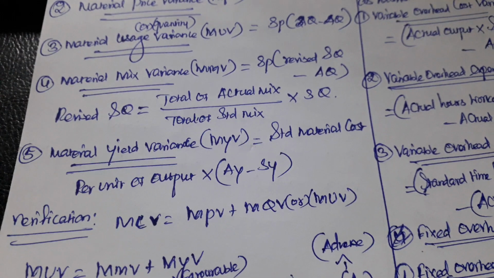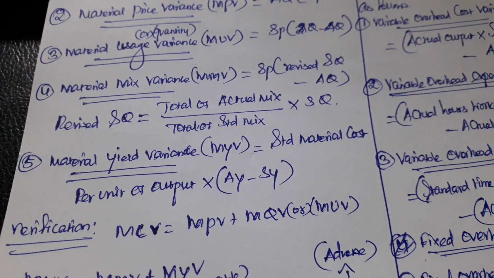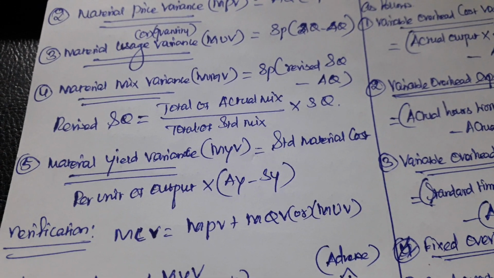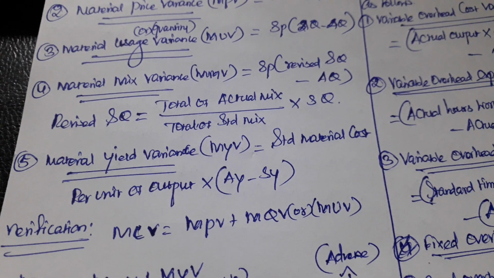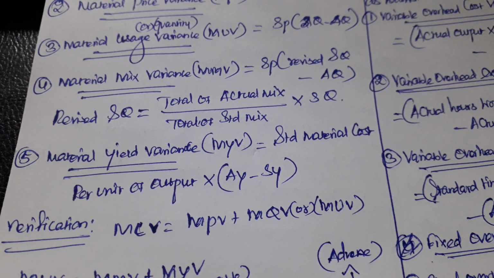Next is material yield variance. To find out the material yield variance, we can use the formula: the standard material cost per unit of output into the actual yield minus the standard yield.